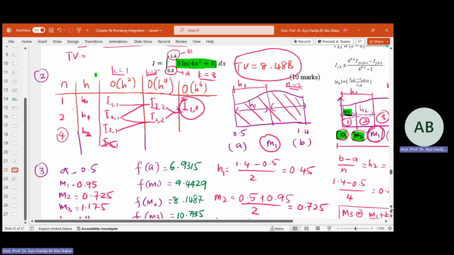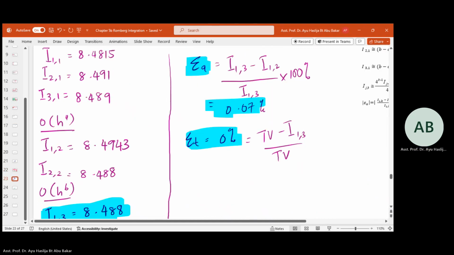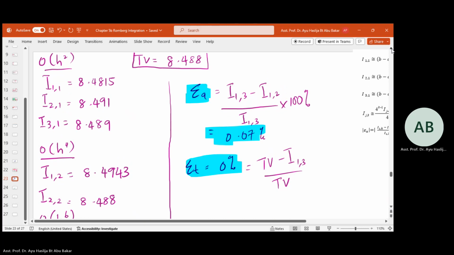Okay, now we will do to find the level 1 integration using trapezoid equation, OH2 estimation. Okay, OH2 estimation using trapezoid equation.